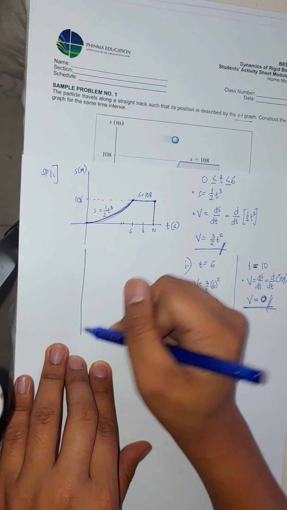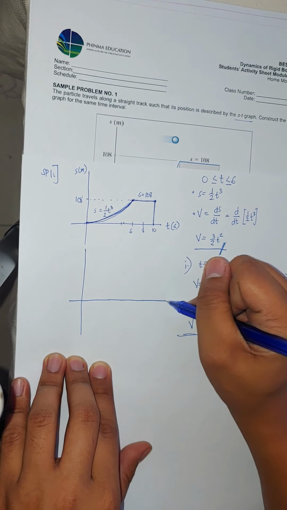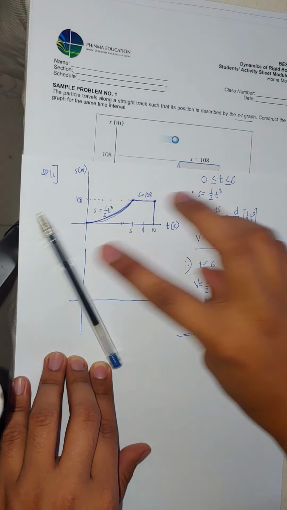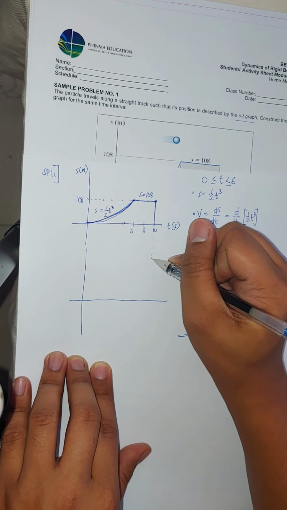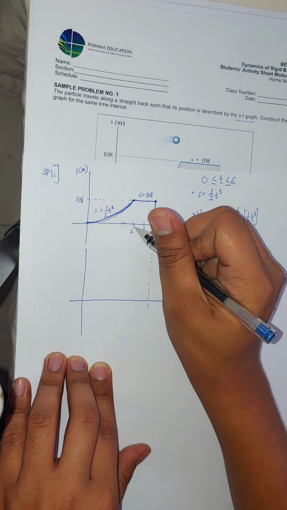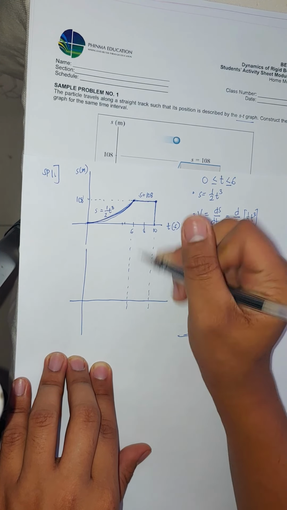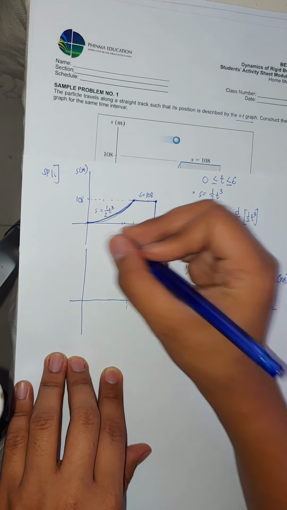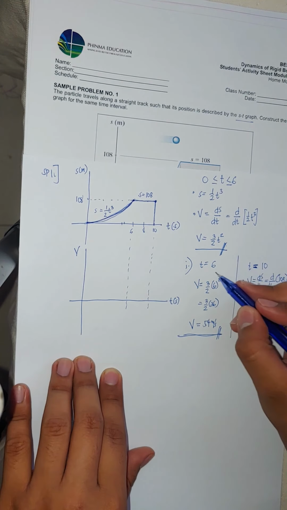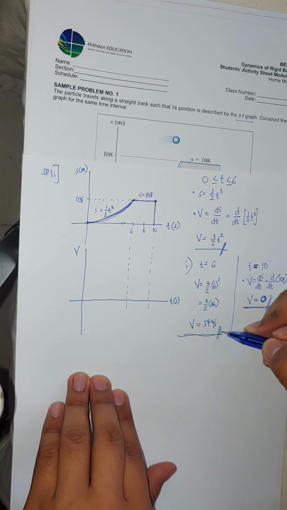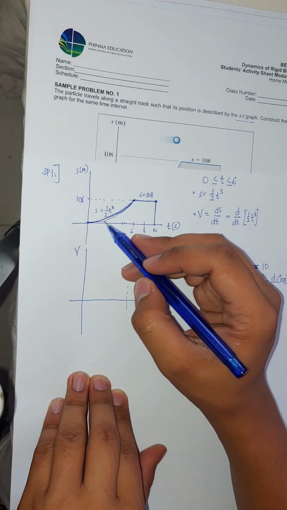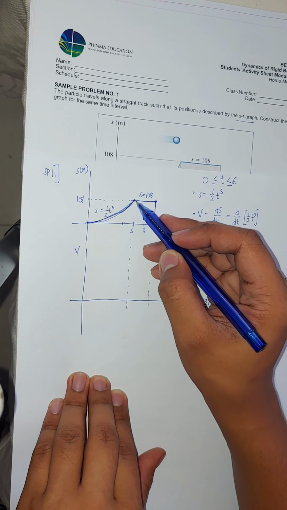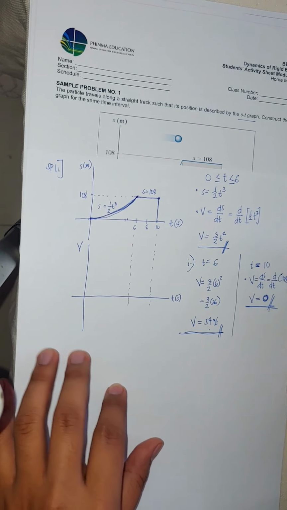So like this. At 10 seconds. At 6 seconds. At time equal to 6 seconds, velocity is 54 meters per second. So this is a third degree curve, and going back, that is a second degree curve.